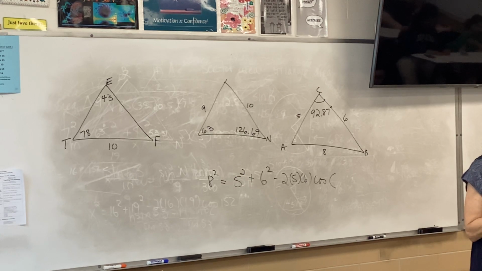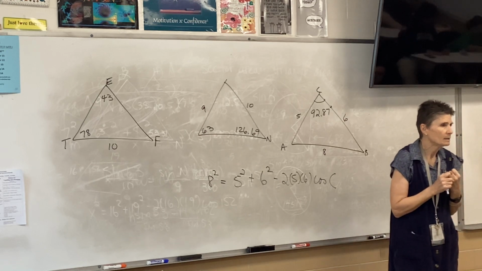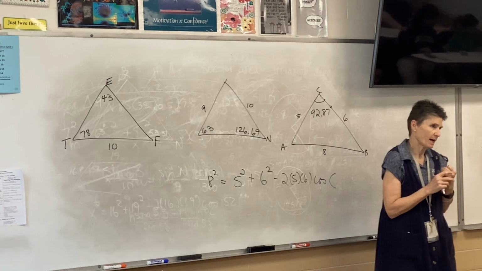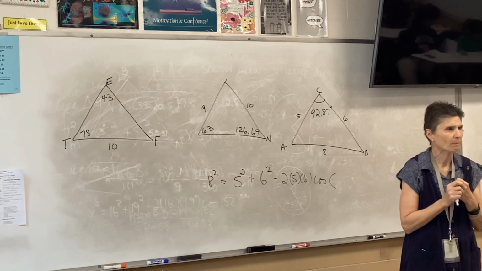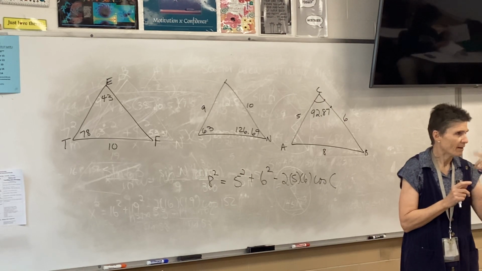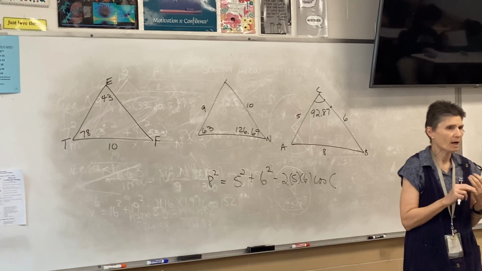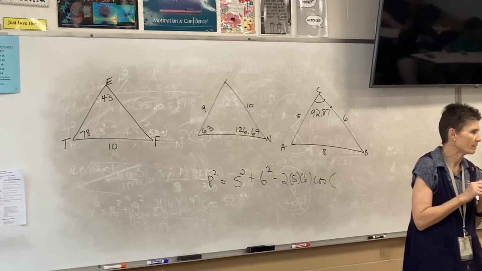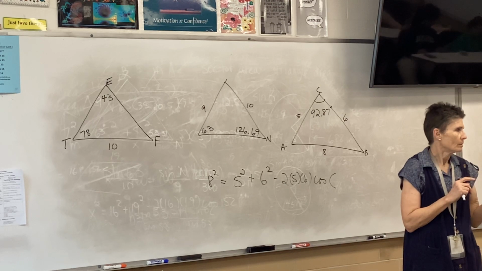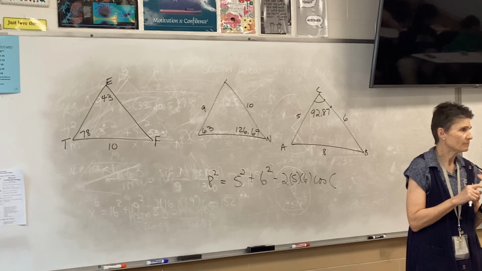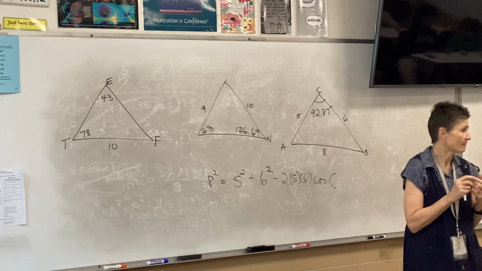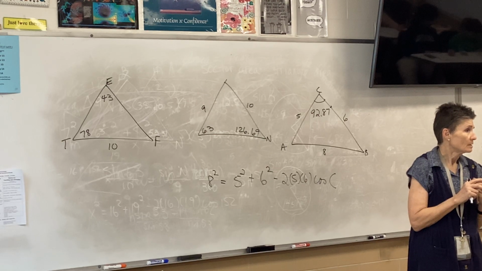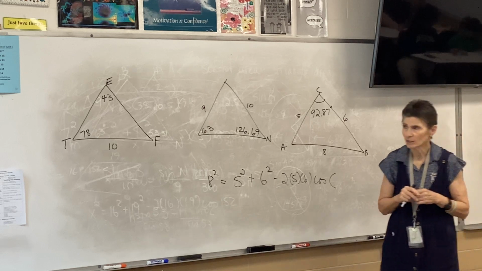We did one today. We did Heron's formula. But what about Heron's formula? You need to have all 3 sides to do that, because the key to Heron's formula is finding the semi-perimeter, and that means you gotta have all 3 sides. So what's our other way, the cool way of finding area? 1/2 bc sine A. So 1/2 side times sine of included angle.